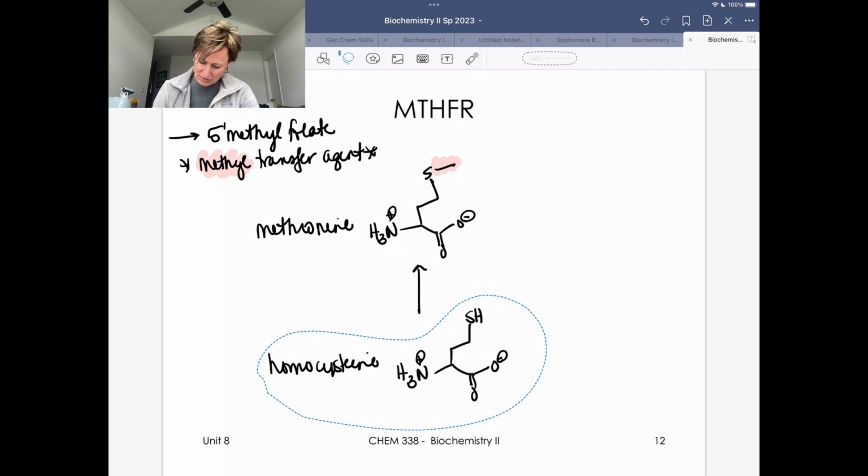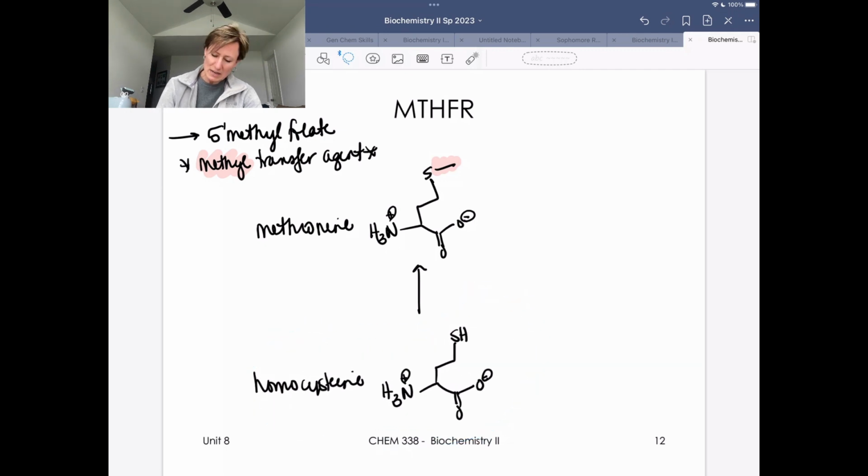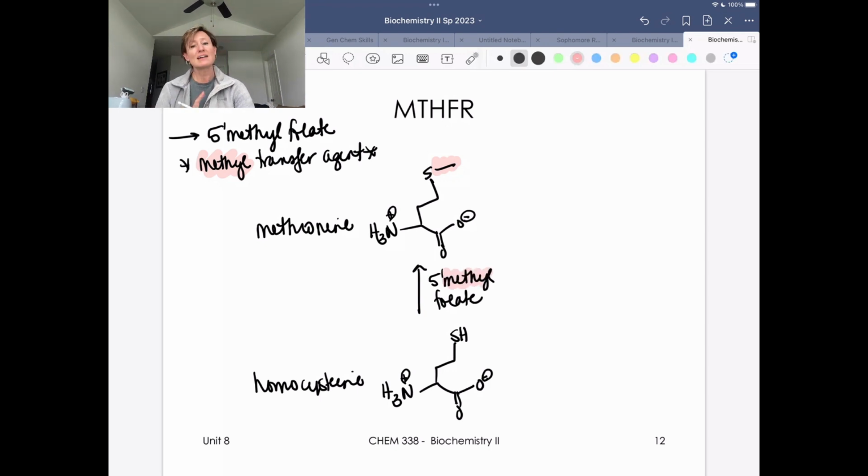I'm going to move this down, just give myself a little bit of room here. So basically, 5-methylfolate is what is responsible for transferring its methyl group onto that thiol group to generate that methyl thioether methionine.